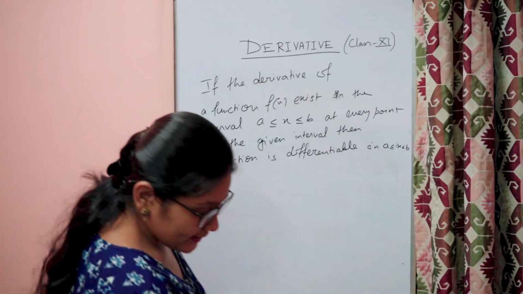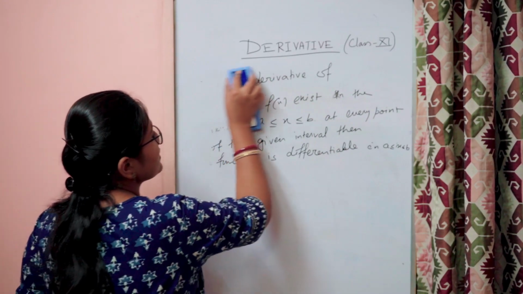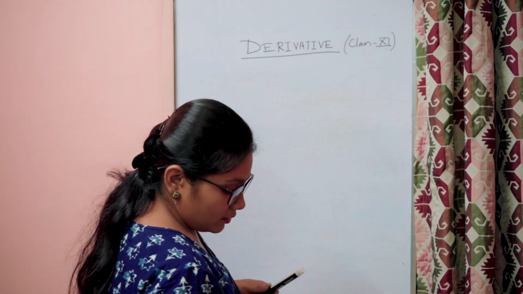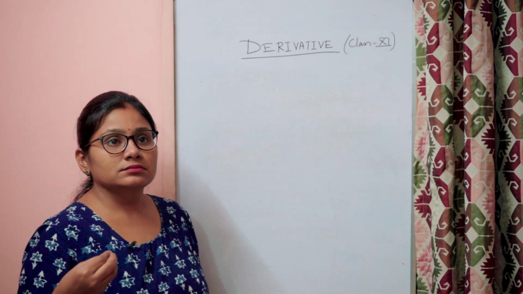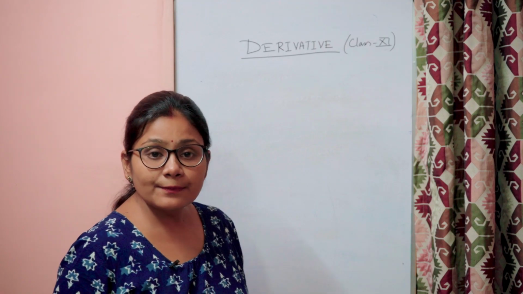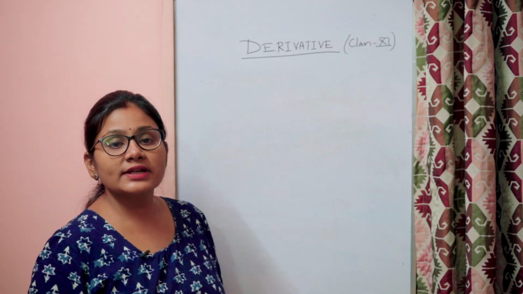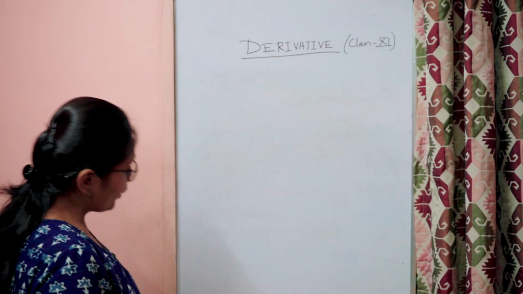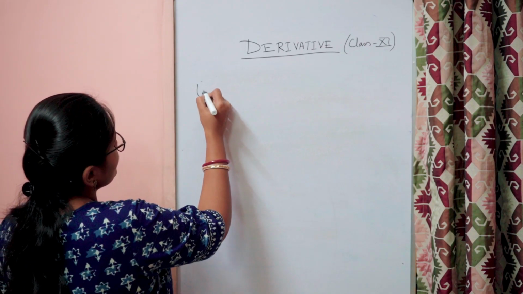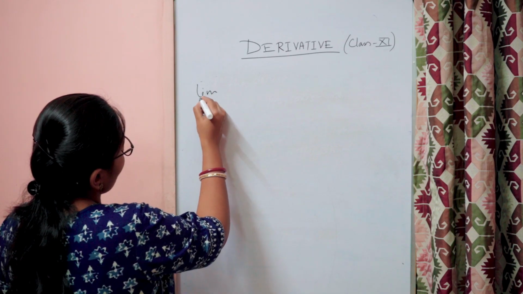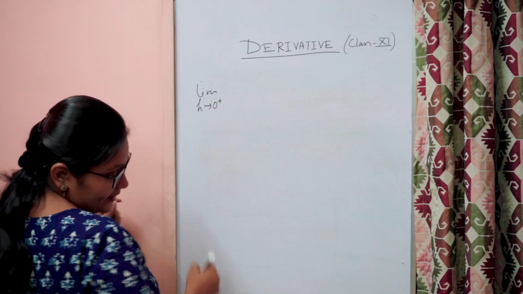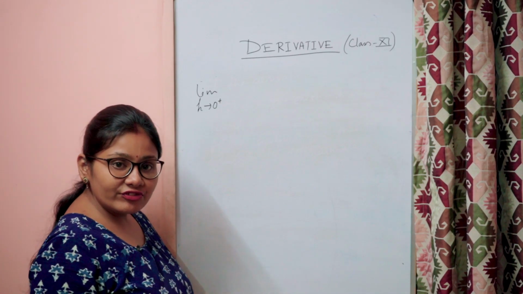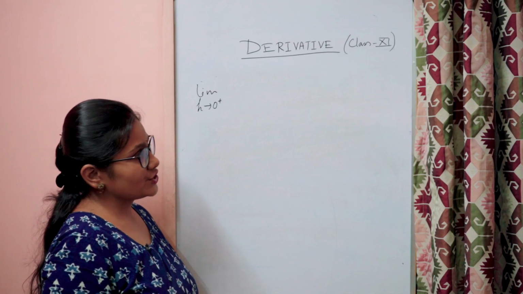Now, what is the existence principle for finding out the existence of a derivative of a function? First, we have to know what is the right hand derivative and what is the left hand derivative at a particular point.